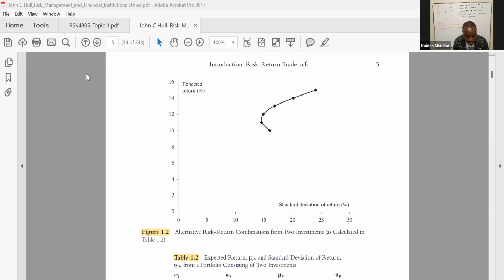effectively leave out this particular investment. Why would we leave out this investment in the drawing of the efficient frontier?